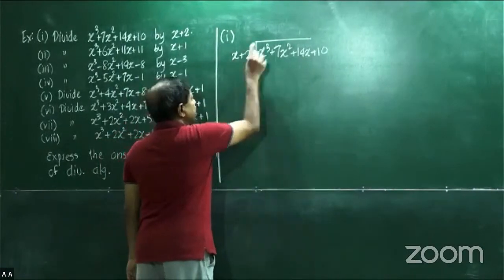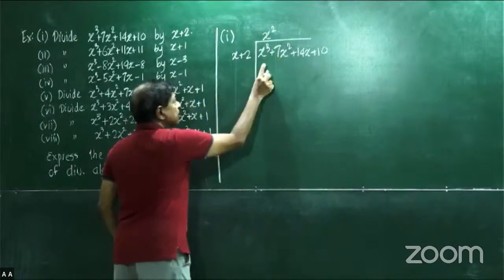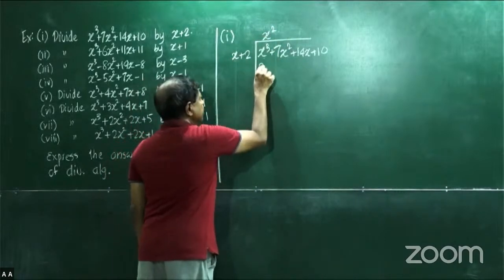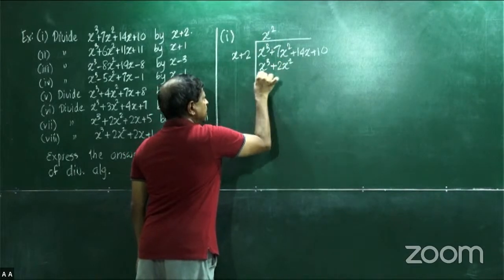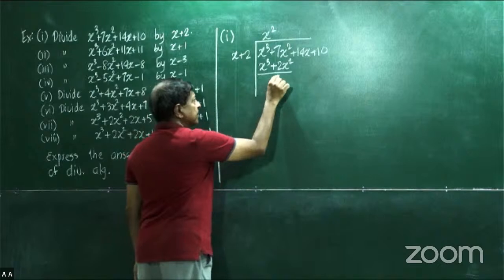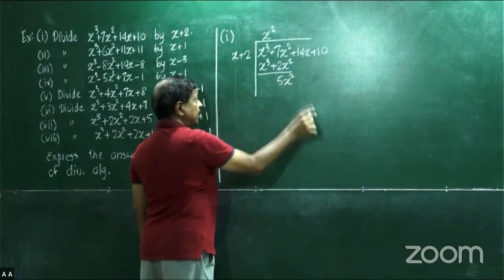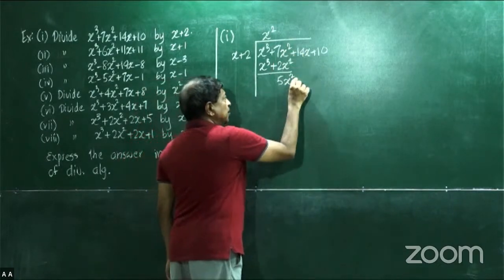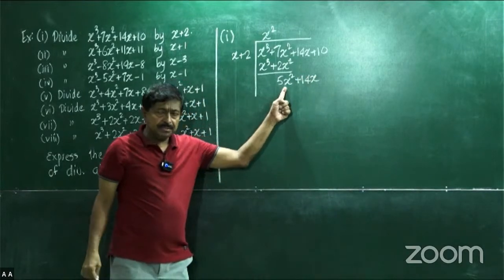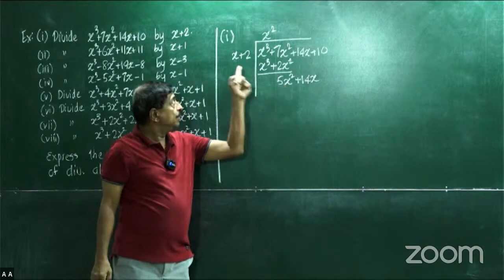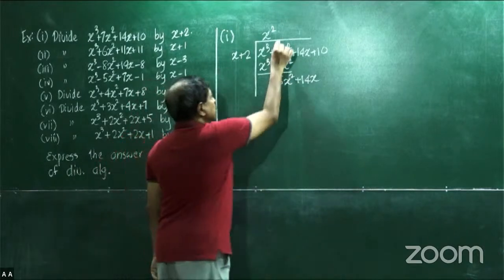So x cube over x, you get x squared. Once you get x squared, you multiply: x cube plus 2x squared. Now subtract, you get 5x squared. Bring this guy down to this level. Now this is the leading term, 5x squared. You divide it by x, you get 5x.